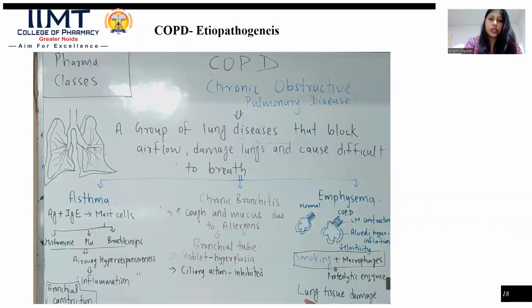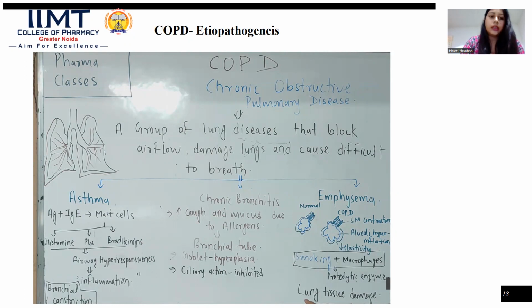This is the etiopathogenesis of the disease. There are three conditions that can cause COPD: asthma, chronic bronchitis, and emphysema. Chronic bronchitis is the inflammation in the bronchi, and emphysema is in the alveoli. We all know alveoli, right?